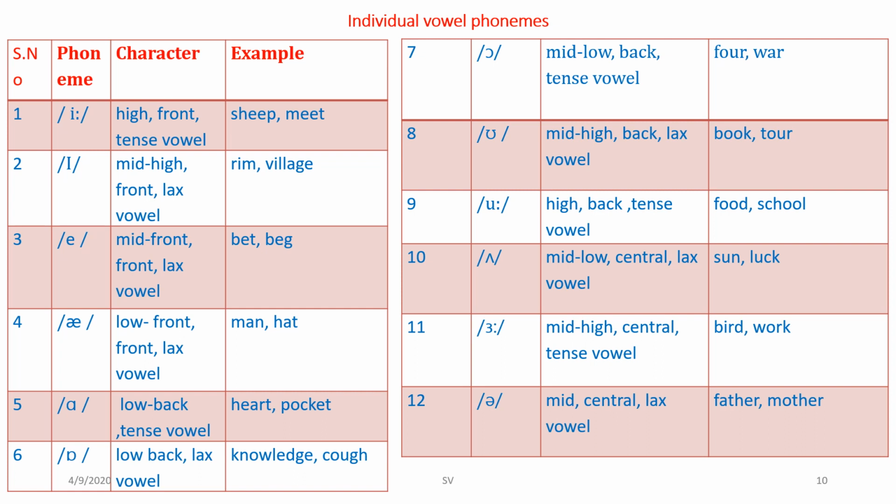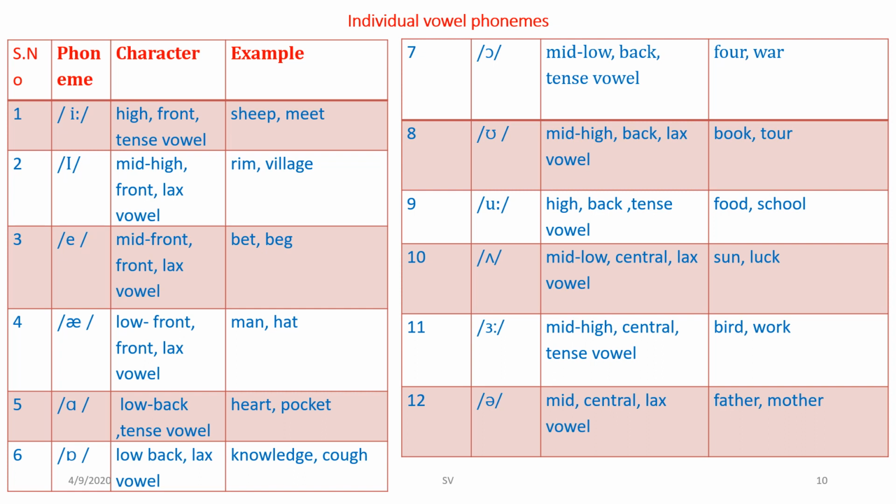Number 9, U. High back tense vowel. The example: food, school. Number 10, A. It is a mid-low central lax vowel. The example is sun, luck.